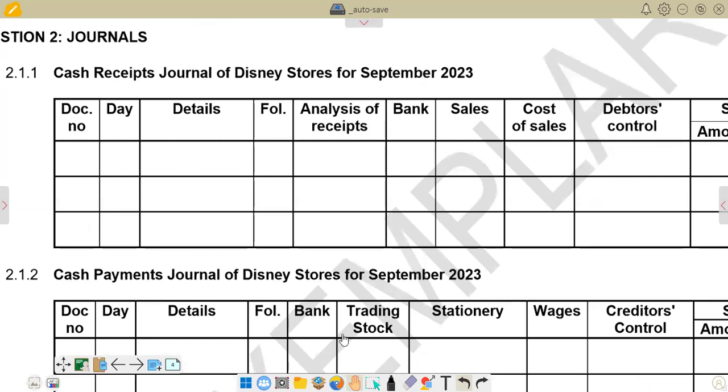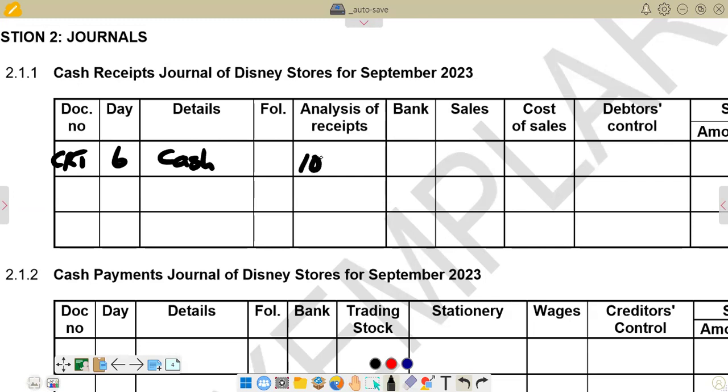So you come here, you see that we've got document number. We are going to write it as CRT, and then on the day, 6. For the details, remember we are receiving cash, so we can just represent it as cash. And then obviously the analysis of this is the total amount that we have.